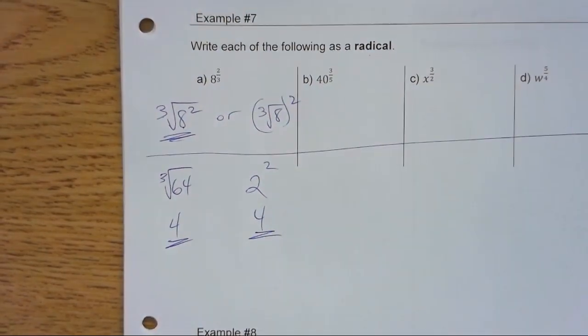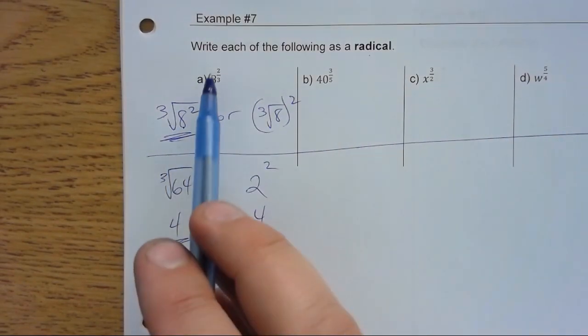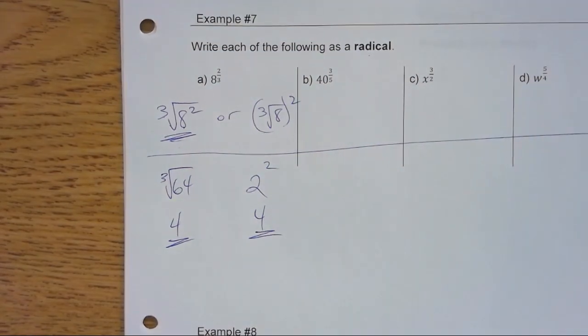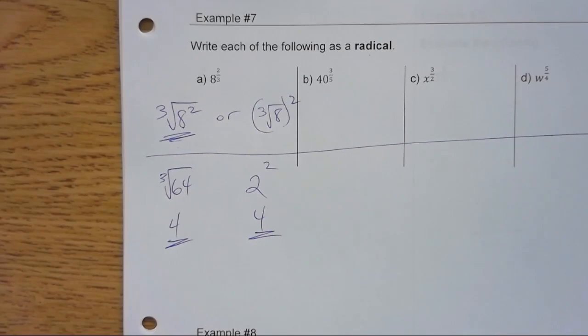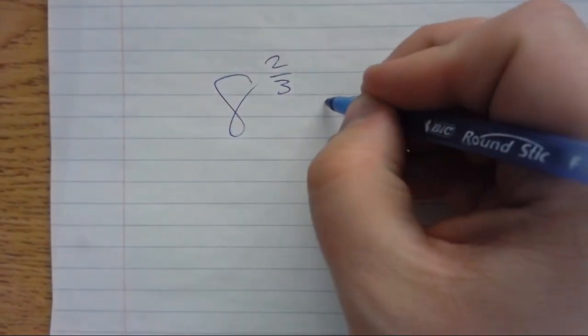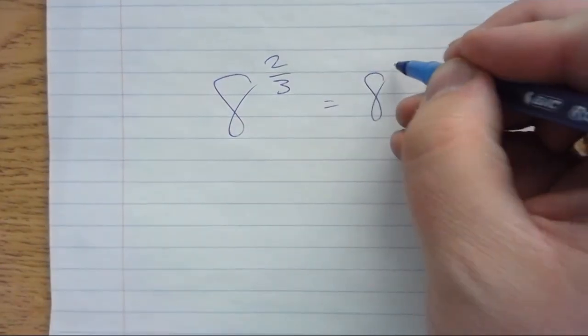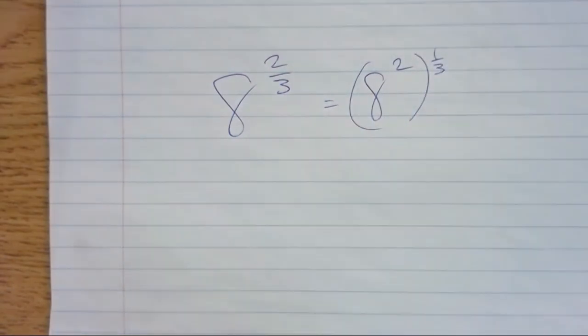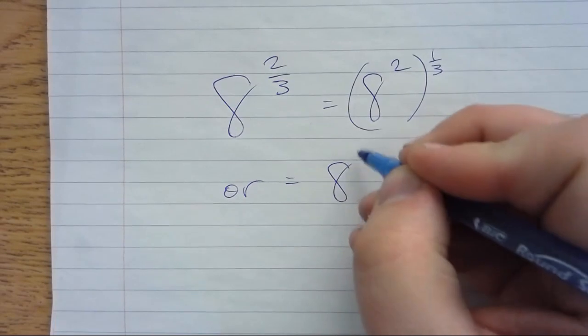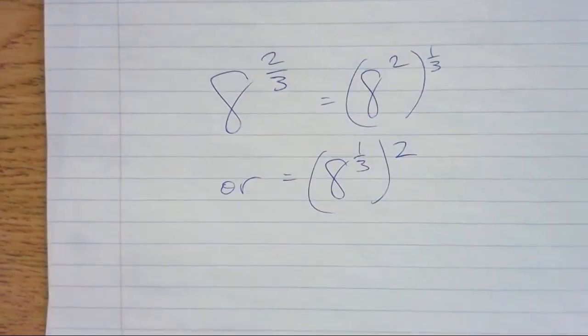Notice it's the same thing. Why is that? Why am I allowed to pick which order I deal with these 2 parts of this exponent? Well, because I'm not violating BEDMAS by doing it. Watch this. 8 to the 2/3 is like saying either 8 squared times a third, or it's like saying 8 to the power of 1/3 squared.